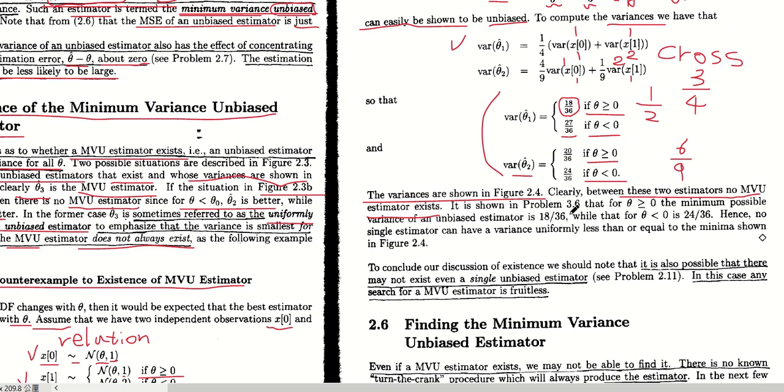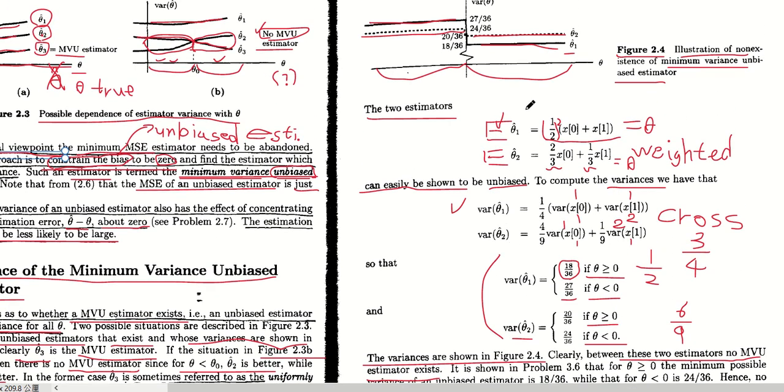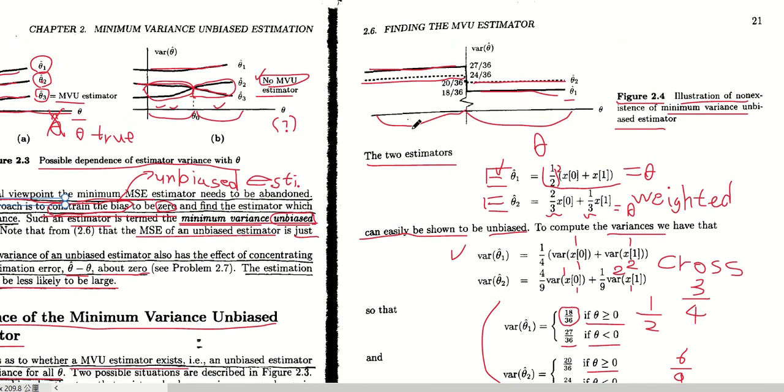And it is shown in problem 3.6 that for theta larger than 0, the minimum possible variance of an unbiased estimator is this, while this is that. Okay, so no single estimator can have a variance uniformly less than or equal to the minimum. But the point is, we don't know the value of theta, so we cannot say that theta is in this region.